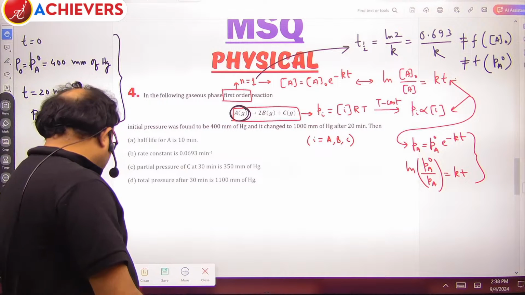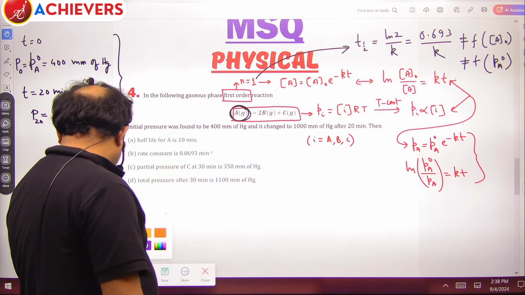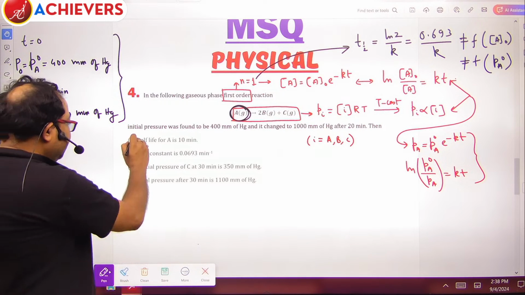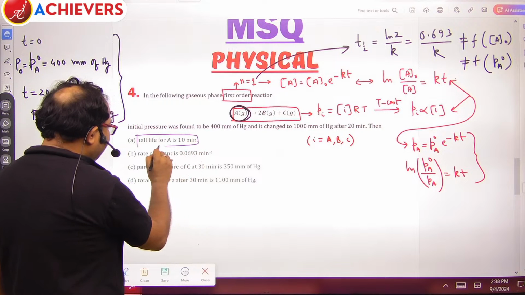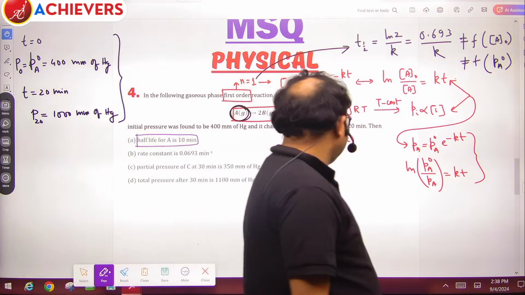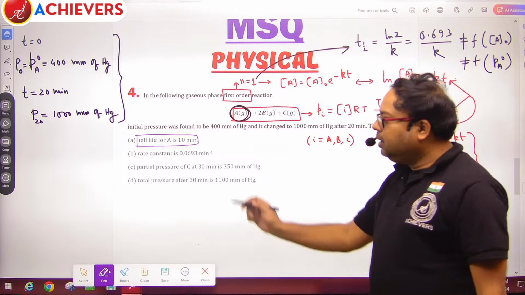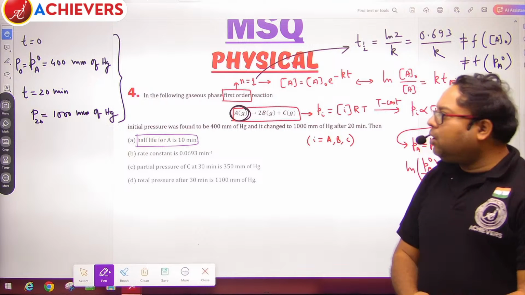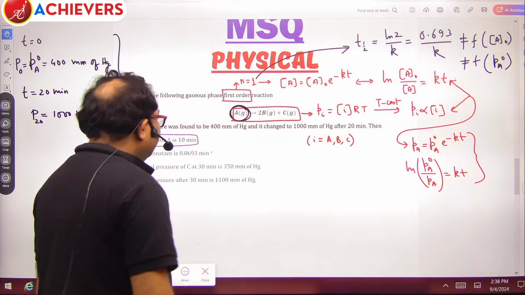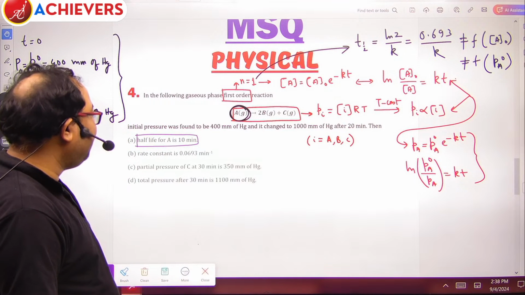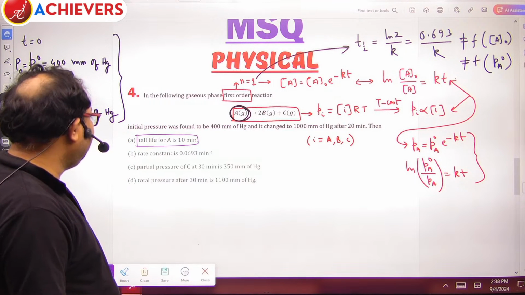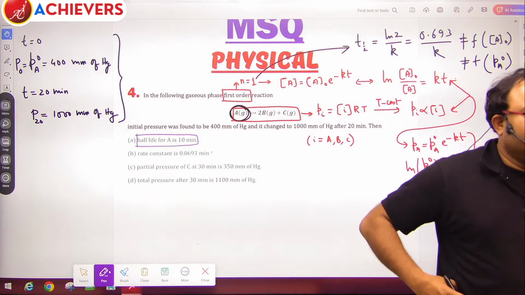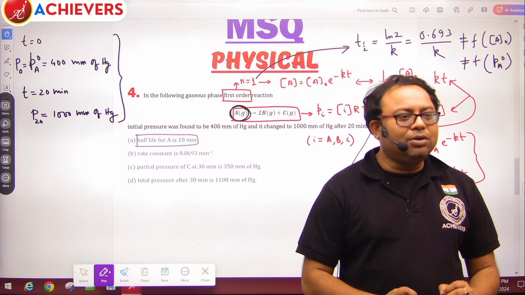Now let us look into the options one by one. The first option is half-life for A is 10 minutes. Is this option correct? In order to find out the half-life, what is needed to be known? The rate constant is needed to be known.